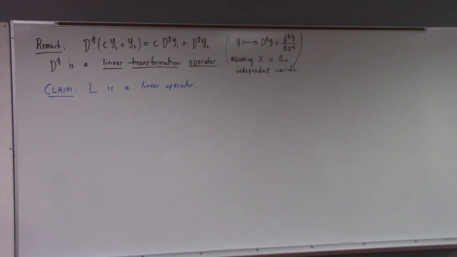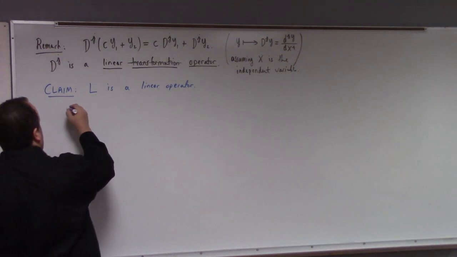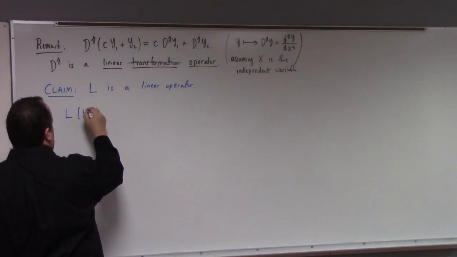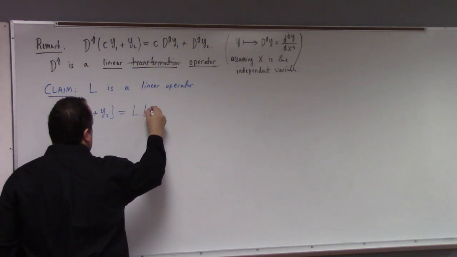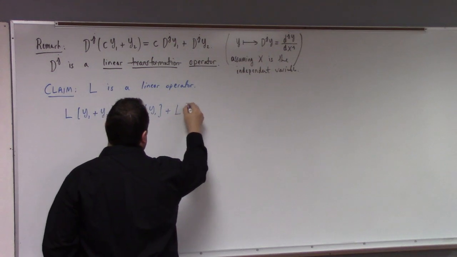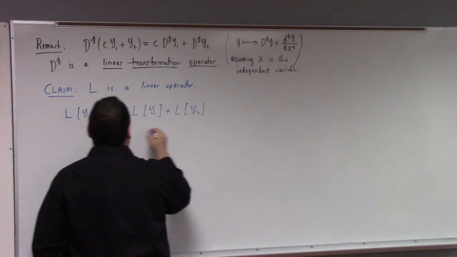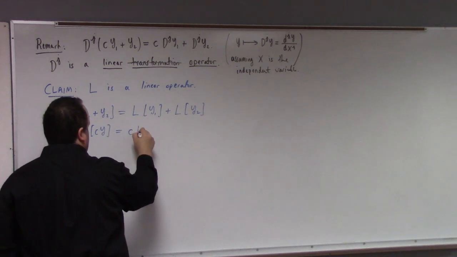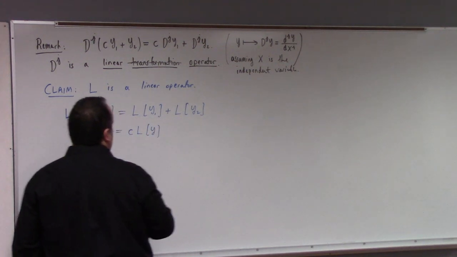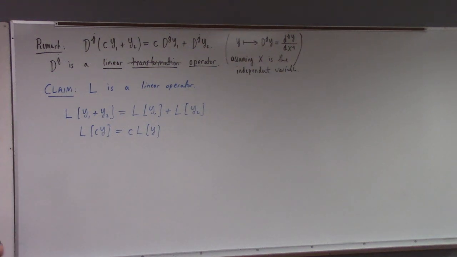And why is that interesting? That's interesting because that means that L of y1 plus y2 is equal to L of y1 plus L of y2, right? And L of a constant times y is a constant times L of y. I mean, that's what I mean when I say that L is a linear operator.